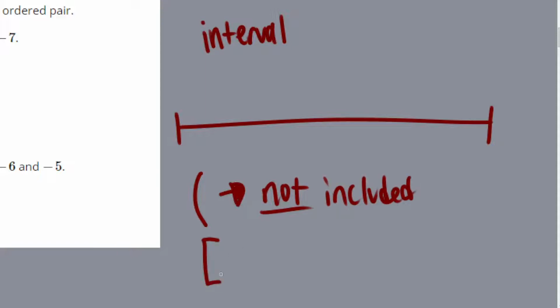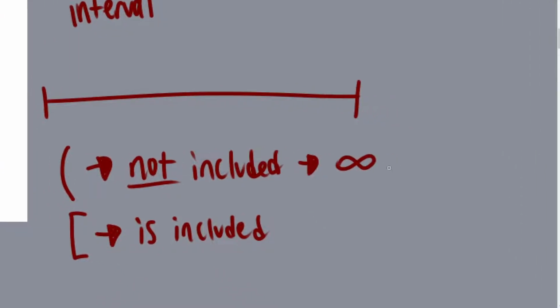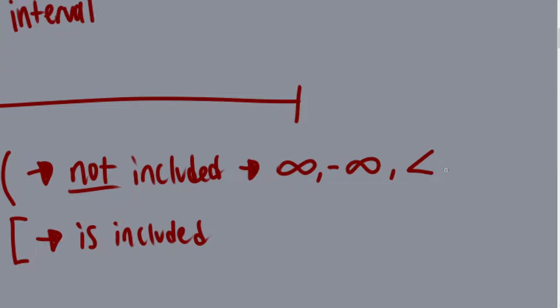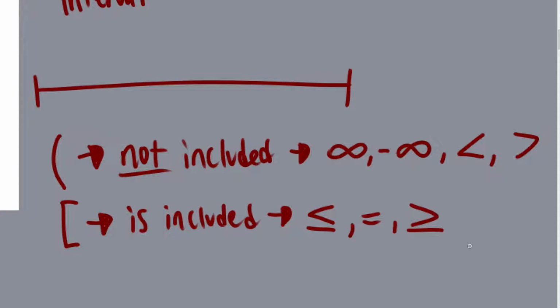And if you have a bracket, that means it is included. Typically, when you see parentheses, that's always going to be infinity or negative infinity, and also greater than or less than with no equal sign. Included is basically anything that has greater than or equal to and less than or equal to.